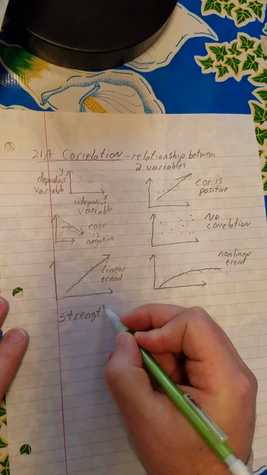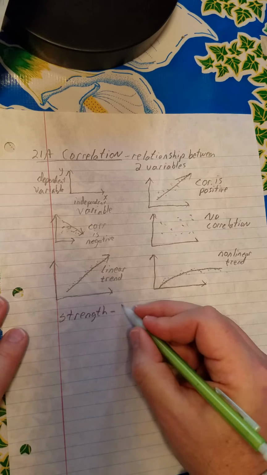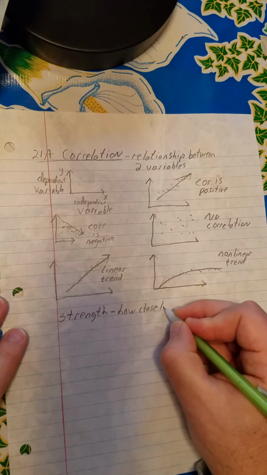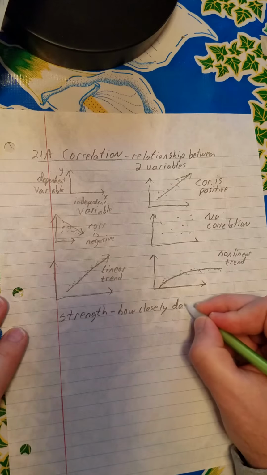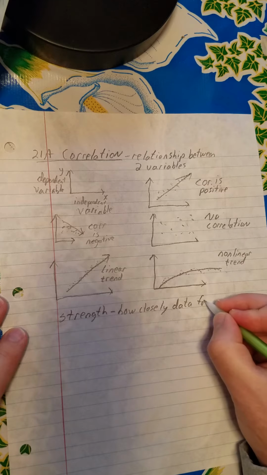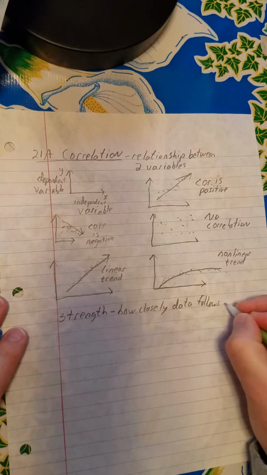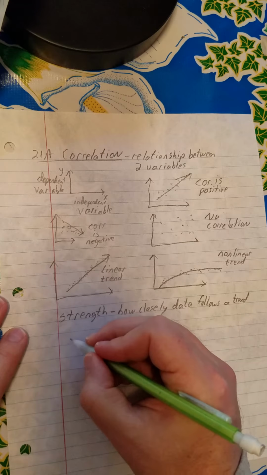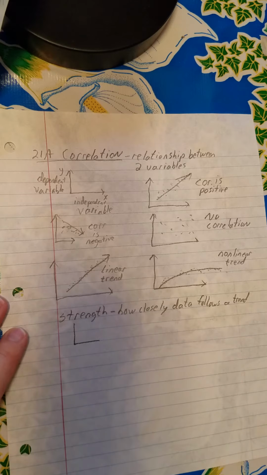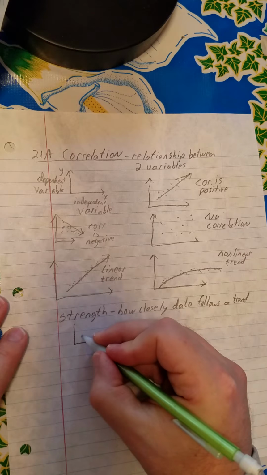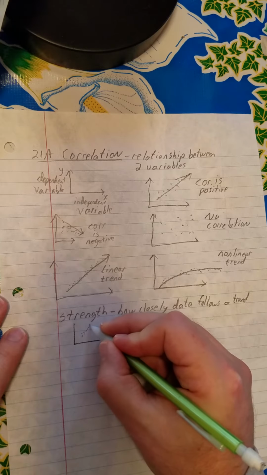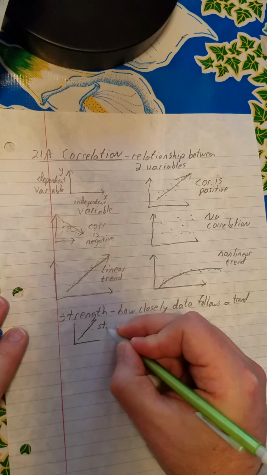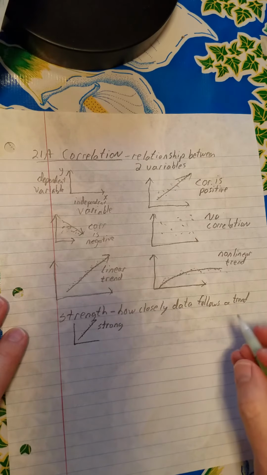We can also talk about the strength of the correlation, and what that means is how closely the data follows a trend. If the data is pretty close together, we would say that's a strong correlation.